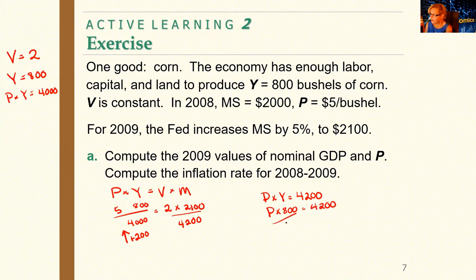We divide each side by 800, and we end up with a price level of, I believe, $5.25, but let me double check. 4,200 divided by 800. Yep, $5.25. So the new price level is $5.25.